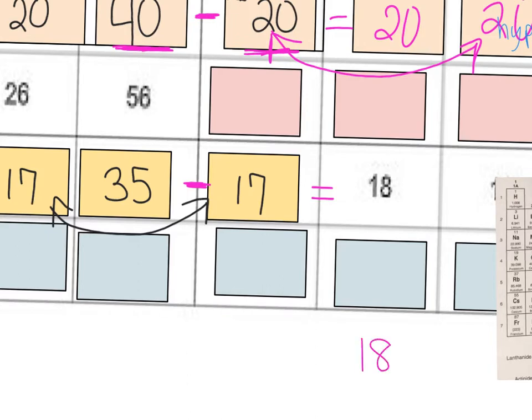We knew we were dealing with chlorine, so that's 17. Add them together to get 35. So do you see that you could have worked it backwards as well? Yes, I'm seeing nods. Okay, cool. So that's the other thing. The other way to use this table is you can go forwards or you can go backwards. You do what you've got to do. You figure out your method on your own, and what works for you.